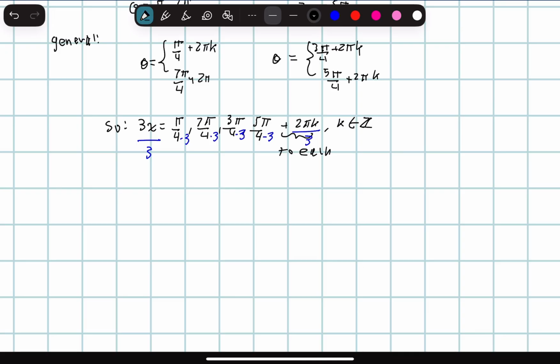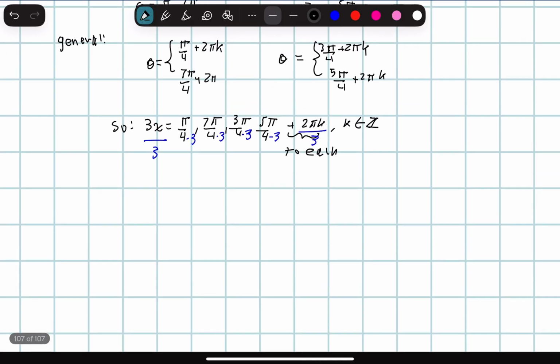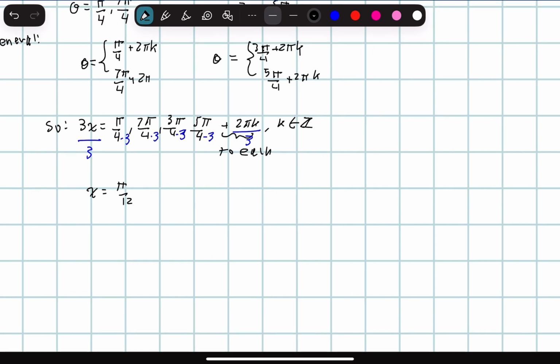So now in order to do this, we're going to have x equal to pi over 12 plus 2 pi k over 3. We'll figure out how that looks at the end.